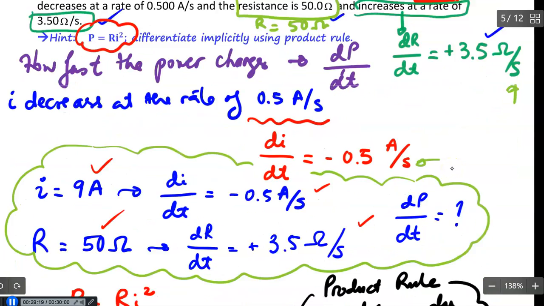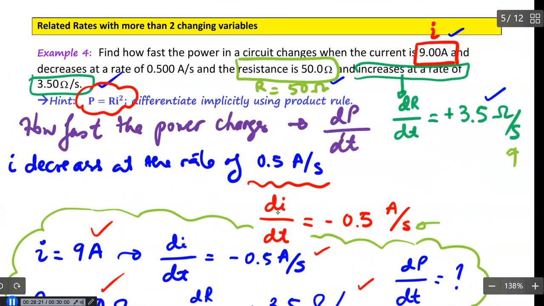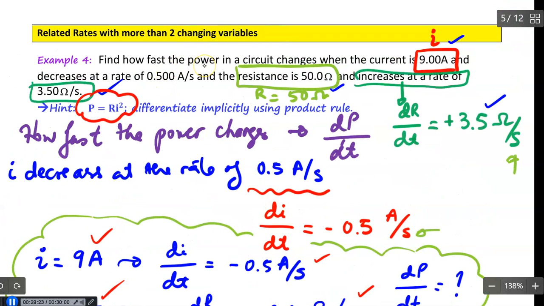Then you just have to list them down, and then they're asking us for how fast the power is changing. So we are going to search through all the formulas that we have learned. According to Ohm's law, if you are given R and I, to find power, it will be P equal to R times I squared.